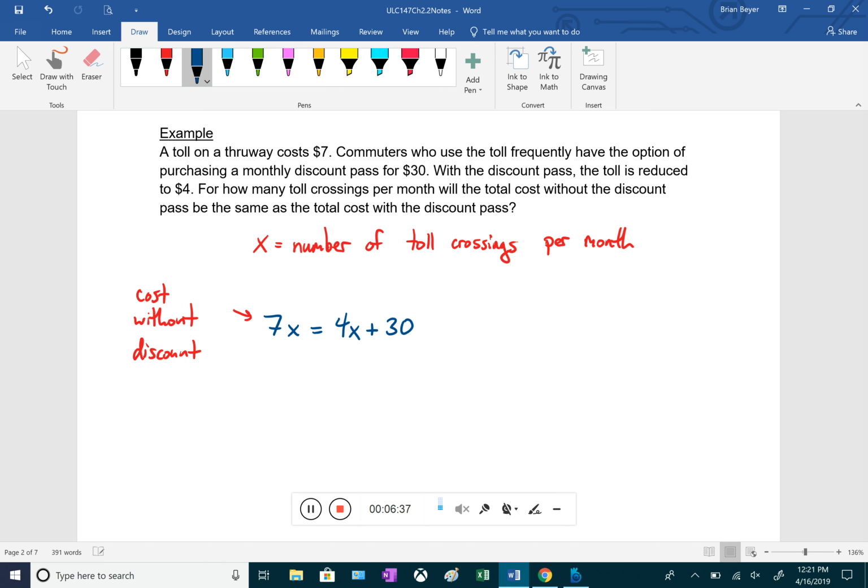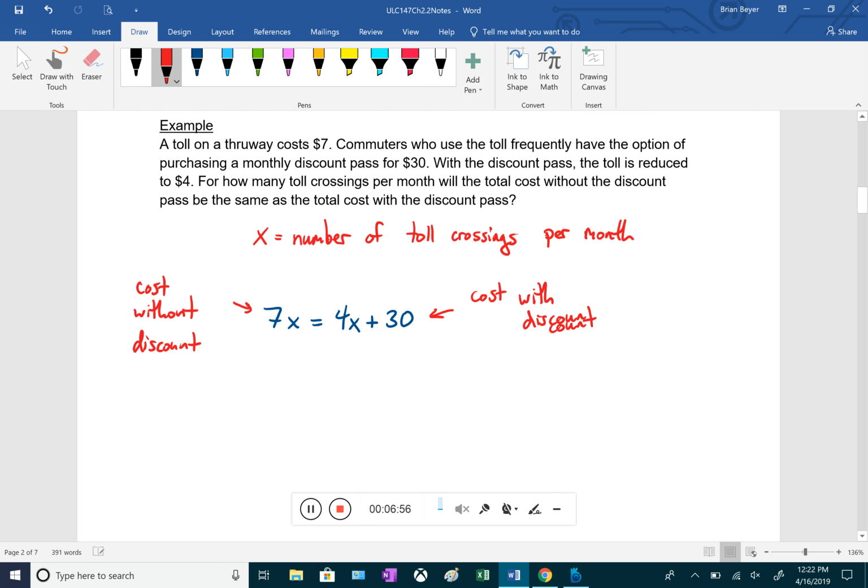So that's why it does not have an x being multiplied. It's a flat rate of $30 plus $4 for every time you cross it. So this side is the cost with the discount pass. Okay, so now all we have to do is solve that.